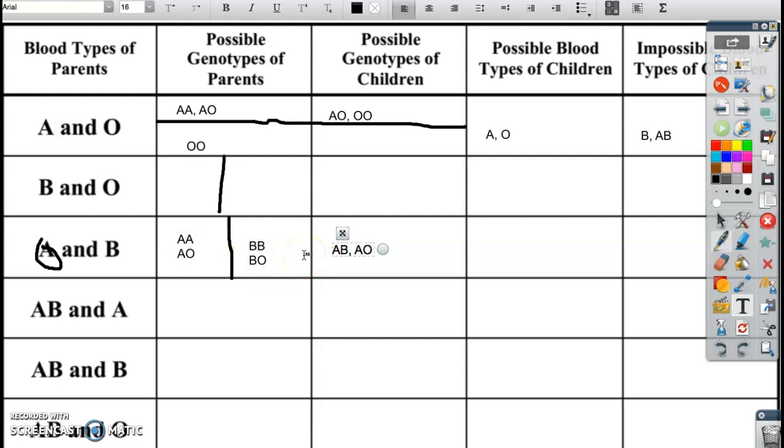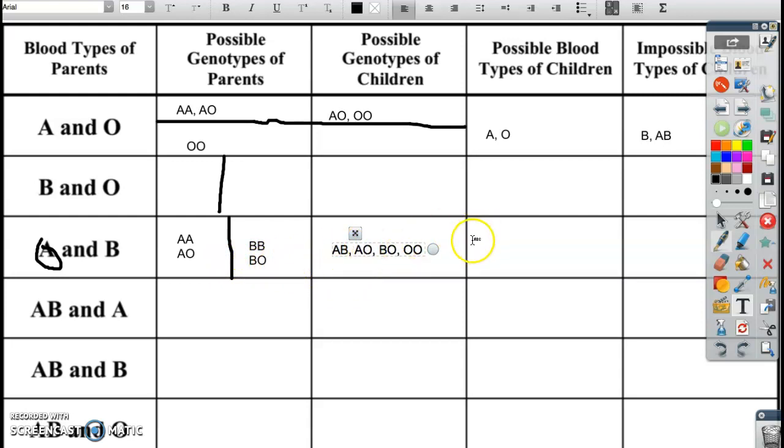It's a possibility. If this person gave an A, it could be AB or AO. Now, if this person gave an O, it could either be BO or it could be OO. So that is also possible.